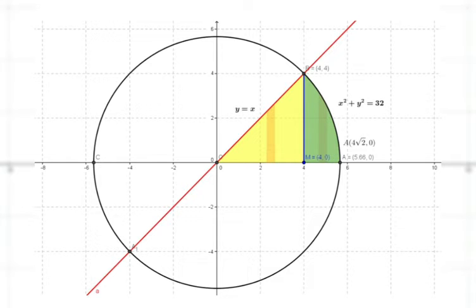For example, the point A on the screen is a point on the circle, and it is shown that the x coordinate is 4 times root 2, and the y coordinate is 0. So the x coordinate and the y coordinate are not equal.